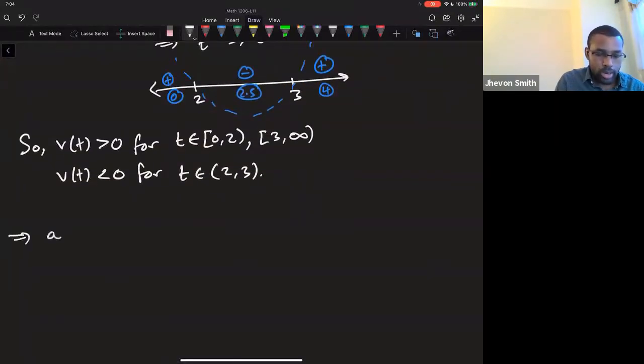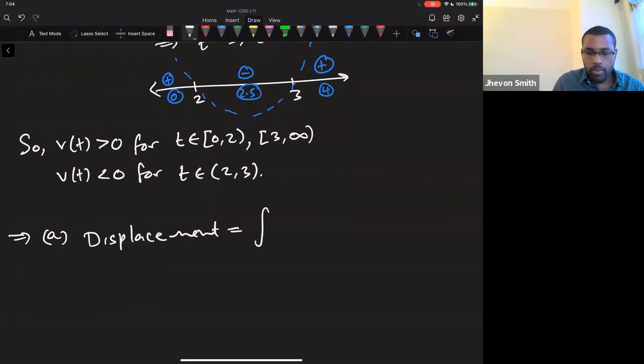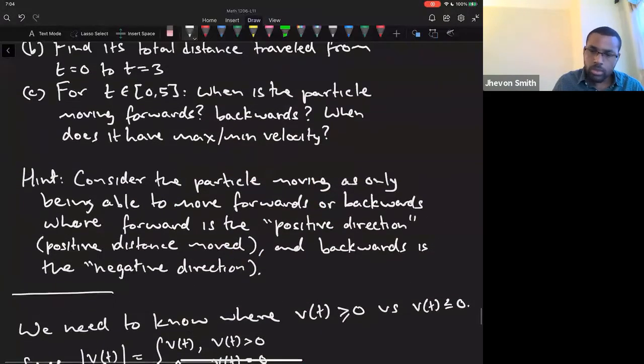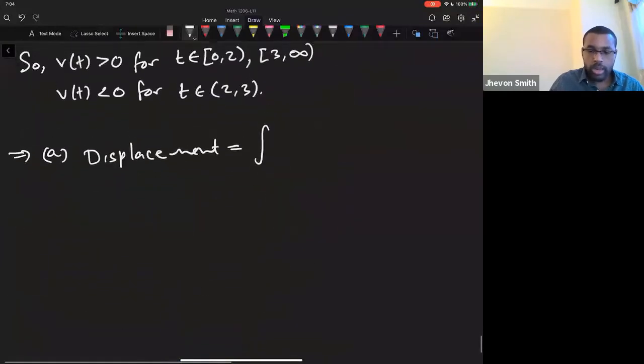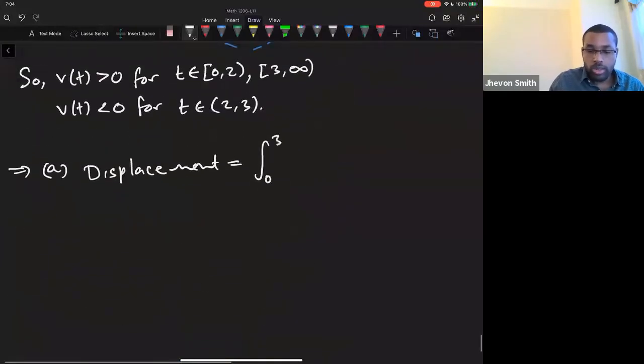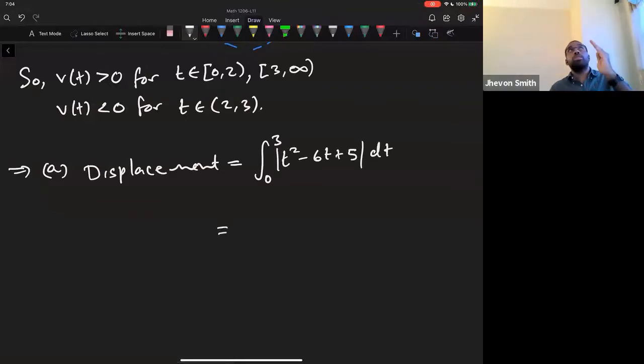So now I can do the distance. That's going to be on 0 to 3, the integral from 0 to 3 of t squared minus 6t plus 5 dt, but with absolute values around it. And this means whenever it goes negative, that's going to be an issue.